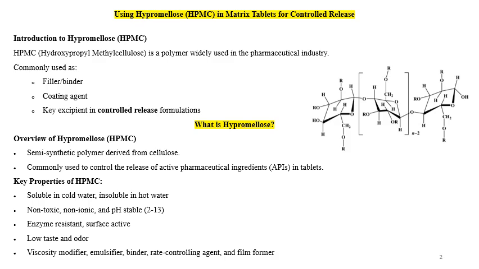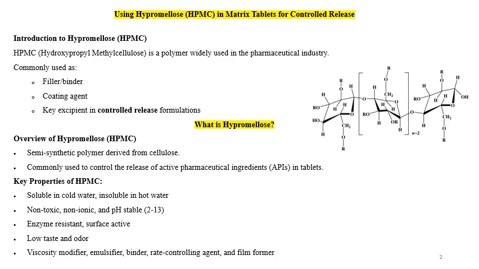It is a polymer which is widely used in the pharmaceutical industry and in different formulations. Those may be oral formulations, liquid formulations, topical ones, or ophthalmics. So HPMC has different activities, and based on those activities as an excipient, it is used.